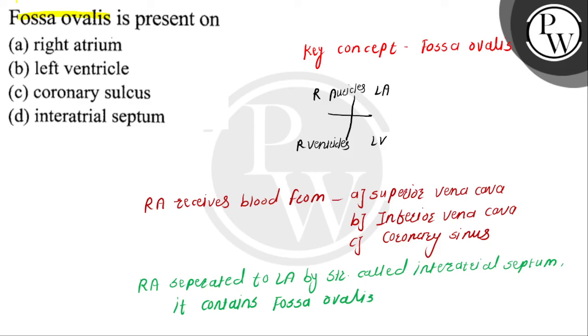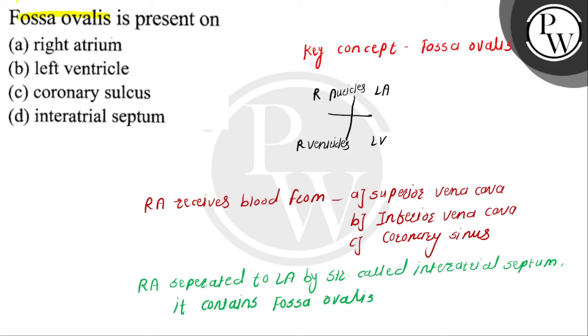So from the starting, we discussed that the fossa ovalis is a structure present in the interatrial septum, because the heart has four chambers. The upper two chambers are called the auricles, and the lower chambers are called the ventricles. The right auricle receives blood from three veins: superior vena cava, inferior vena cava, and coronary sinus.